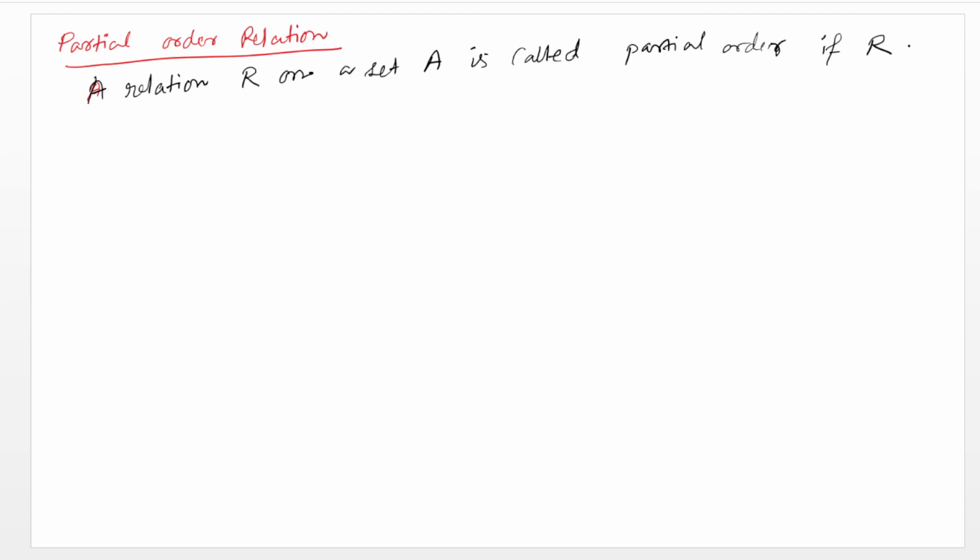R is, as we have defined, reflexive, B antisymmetric. In case of an equivalence relation, it was symmetric, but here it is antisymmetric, and C transitive.